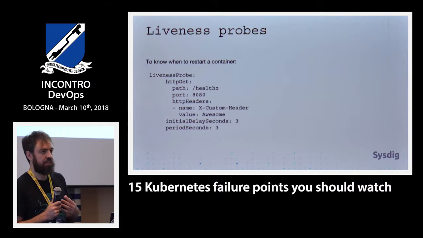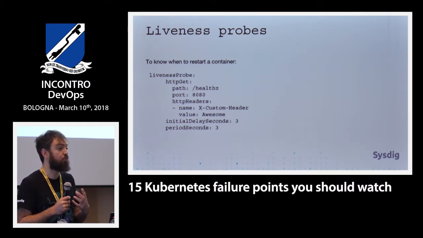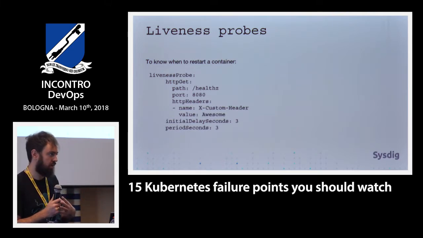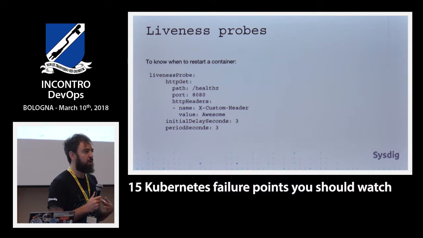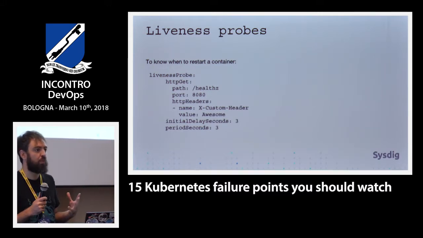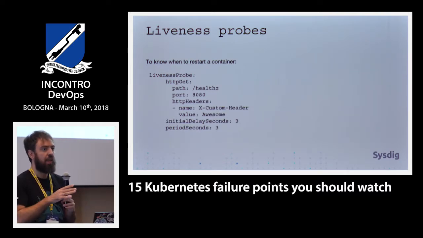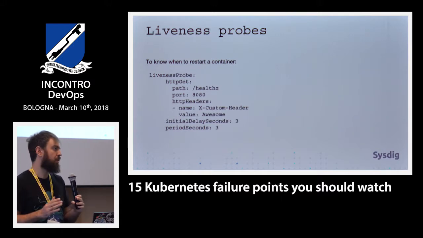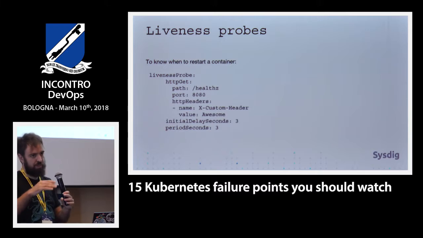The idea here is that some containers are not able to crash when something goes wrong. Imagine we have, I don't know, an Nginx pod. When Nginx crashes, well, the container will be restarted automatically because it properly follows the Docker principle of one container, one single process, no wrappers around.